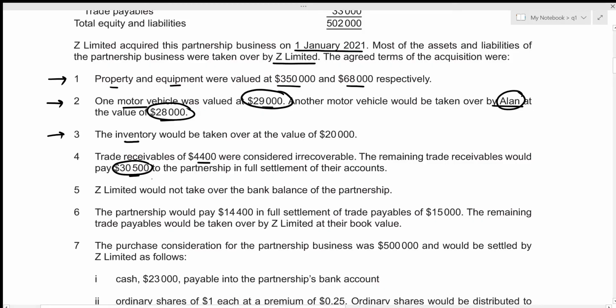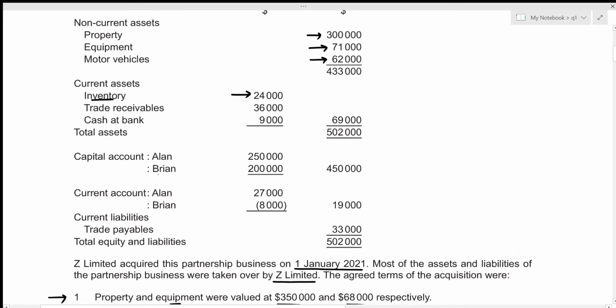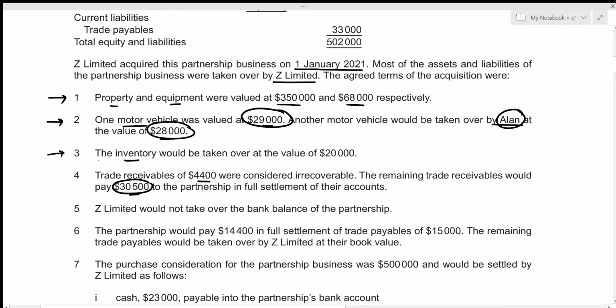So this is the new settlement value, which should be recorded on the credit side since trade receivables is an asset, and the original value of trade receivables should be recorded on the debit side. So let's have a look at our original value given right here. Trade receivables amounted to 36,000, which is the original value to be recorded on the debit side, and its settlement value is 30,500, so this will be recorded on the credit side. Let's do that.